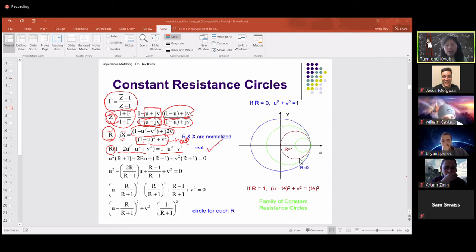So let's look at this equation again. I'm going to multiply out, taking U as my variable. I collect the like terms. So this is my constant term. This is my quadratic terms, my linear terms, right? I can remember all the algebra techniques that you learn in middle school. I can complete the square, or I can divide everything by R plus 1.